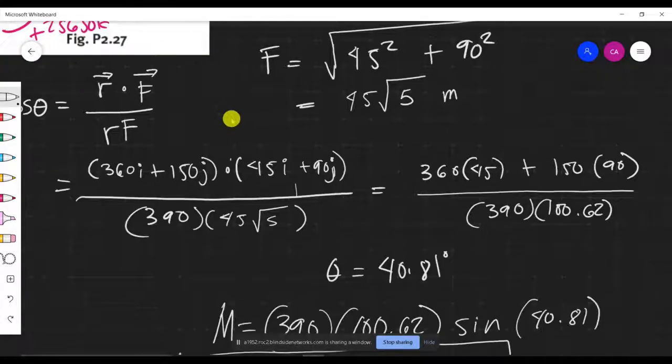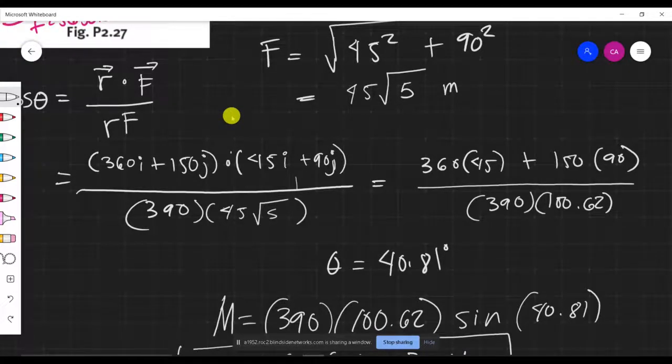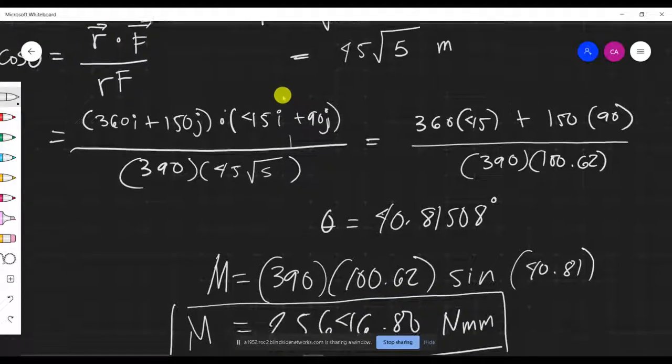Okay? Then, arc cosine. Kapag in-arc cosine natin, lumalabas na ito ay 40.81508 degree. Okay?